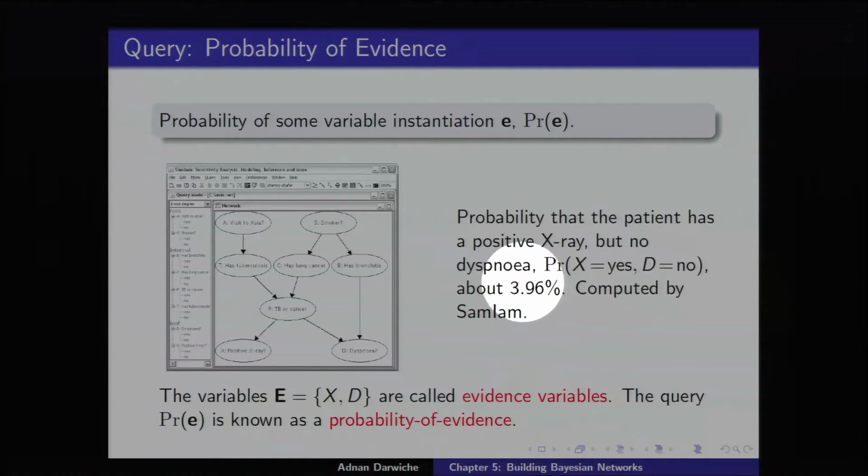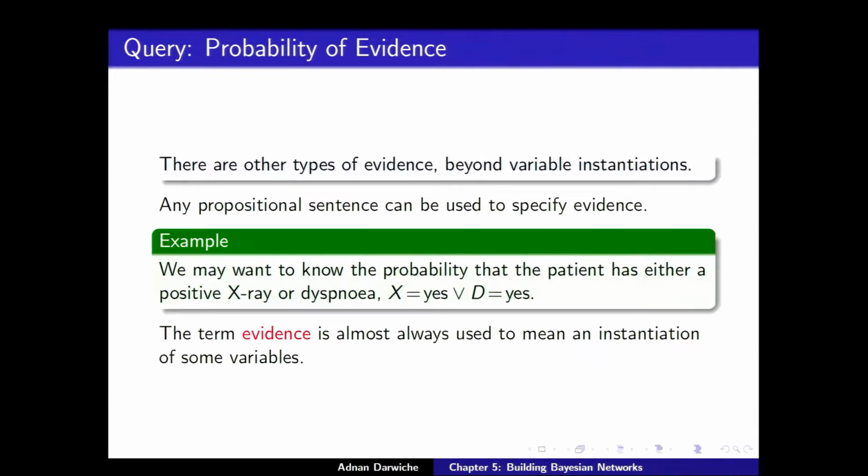And this is what we would call the probability of evidence. Typically, big bold E is used for evidence. And therefore, you would see this a lot in the book to represent the probability of a particular piece of evidence. And this evidence was a variable setting.